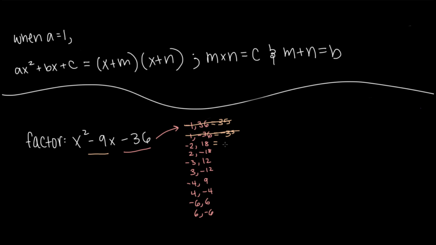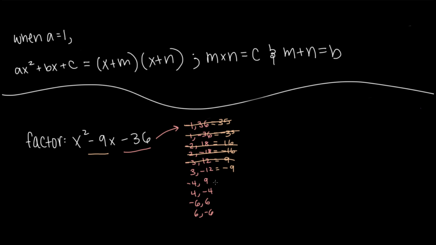Negative 2 plus 18 gives us 16, so that's not it. And 2 plus negative 18 gives us negative 16, so that's also not it. Negative 3 plus 12 gives us positive 9, so that's not it. Our next one has 3 and negative 12, which gives us negative 9, which is the one that we want.